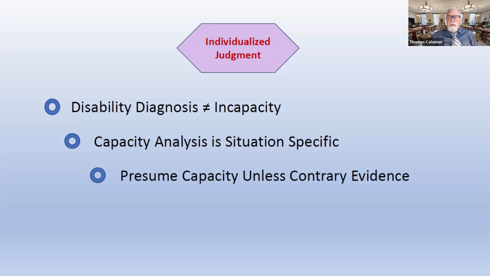So it's got to be person-specific, done by a qualified professional with a scientifically valid process about a specific decision that's being made. And the law says that we presume capacity unless there's evidence to the contrary.